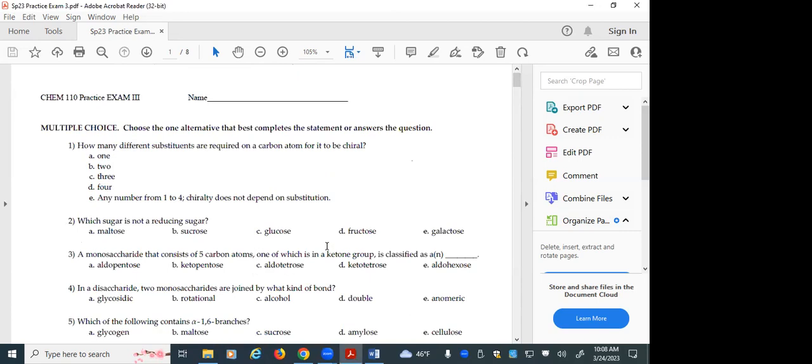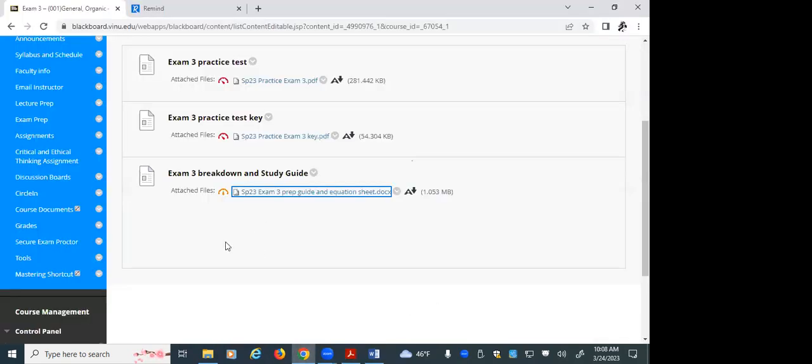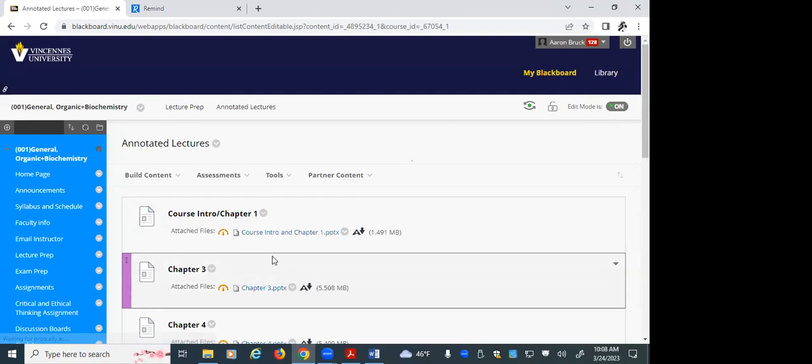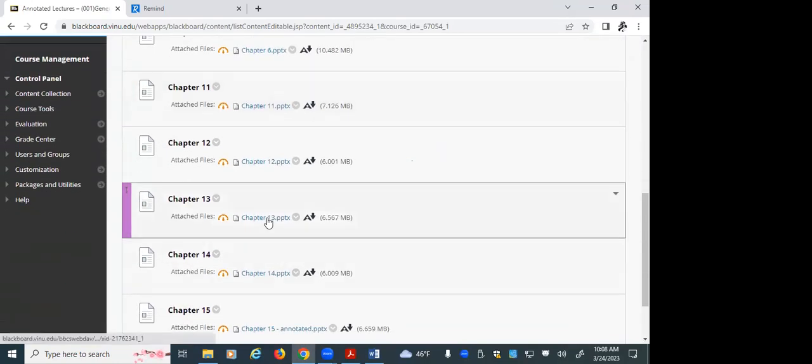For the Haworth, what we're looking at is a different kind of positional piece. So for that, let's go to our chapter 13 lecture.